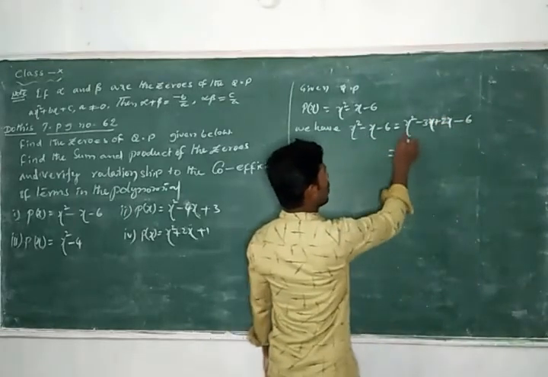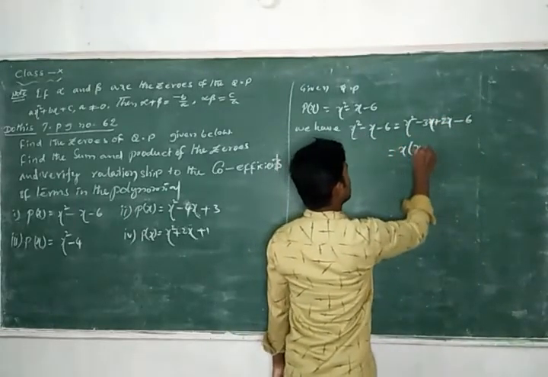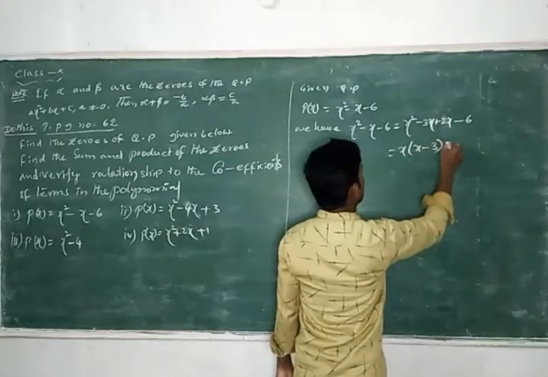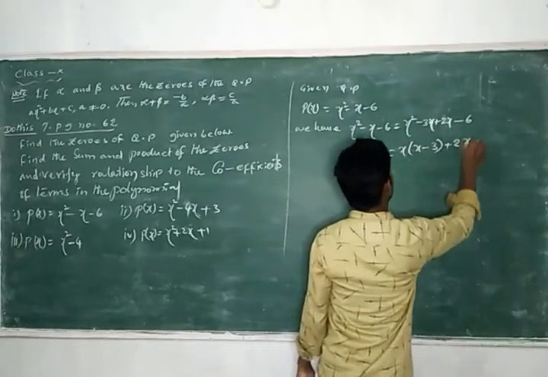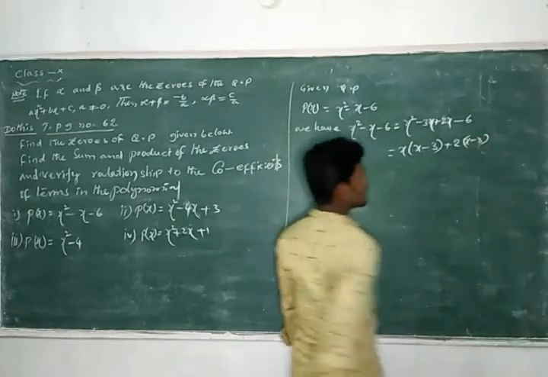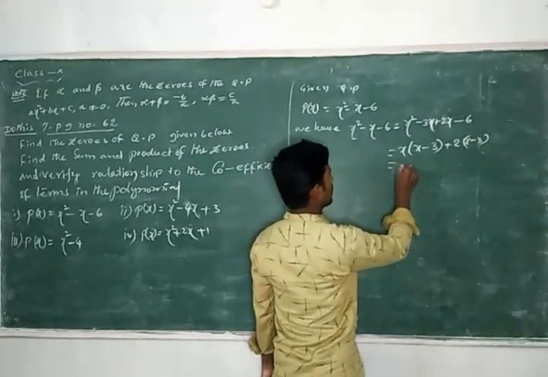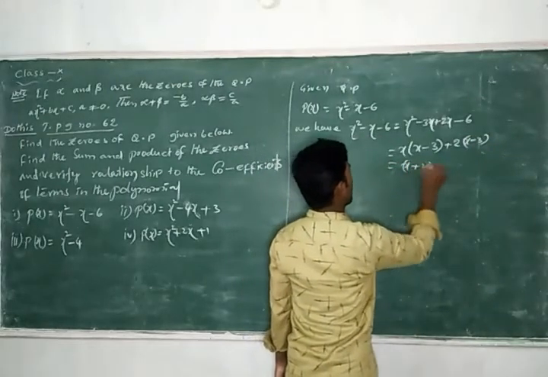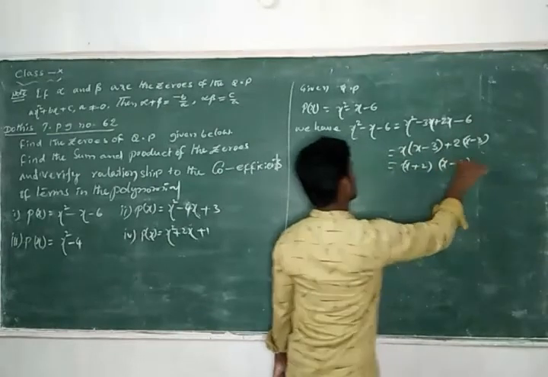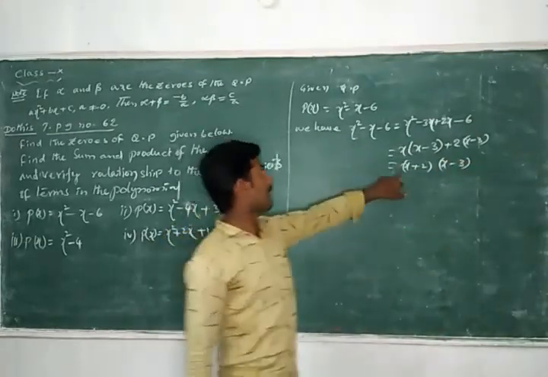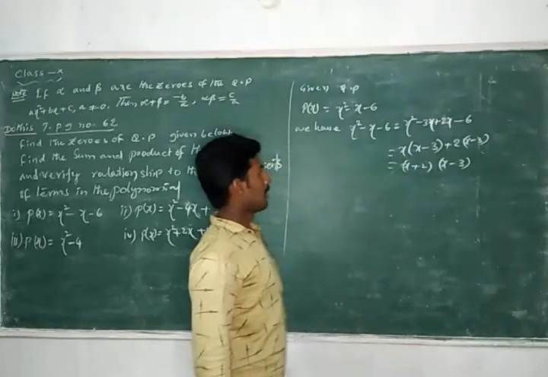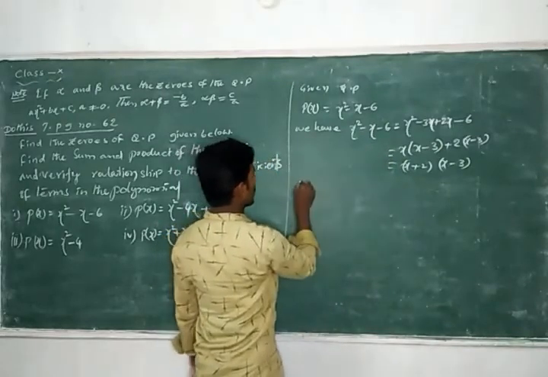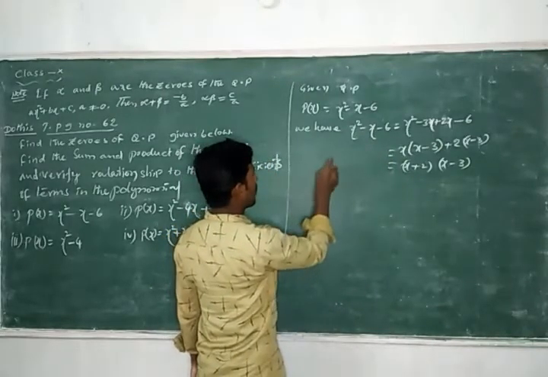Thereafter take x common: x into (x minus 3), plus 2 common: 2 into (x minus 3). The common factor is x minus 3, so the factors of this one are x plus 2 and x minus 3. So we can write here the zeros of the polynomial.